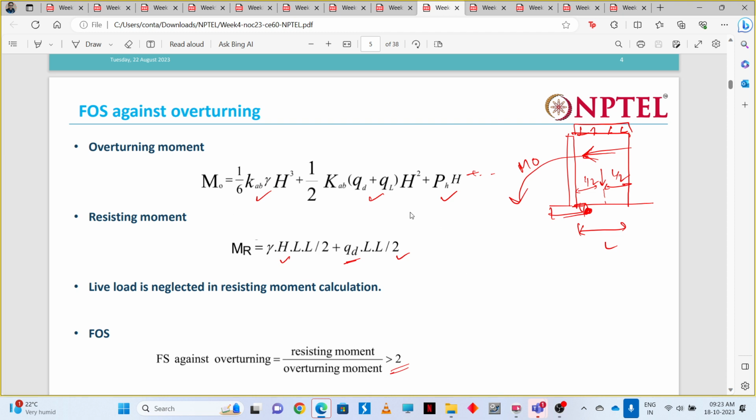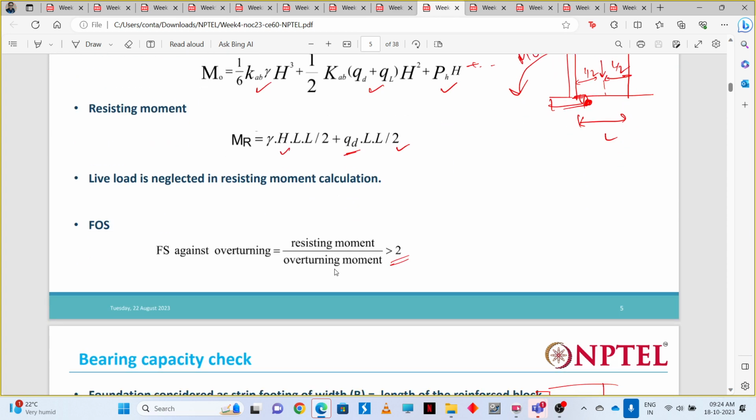The overturning moment is due to the earth pressure, and the resisting moment is due to the weight of the soil. You can see the resisting moment is from the weight of the soil, and the overturning moment is from the surcharge and the lateral earth pressure. Similarly, we need to calculate the factor of safety and ensure that it is greater than 2.